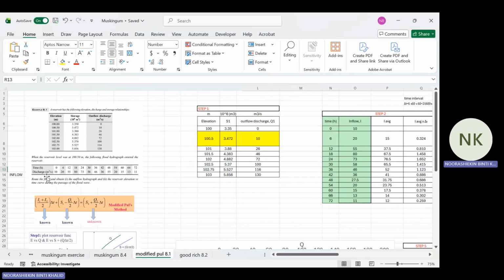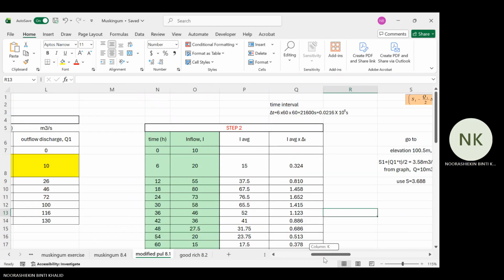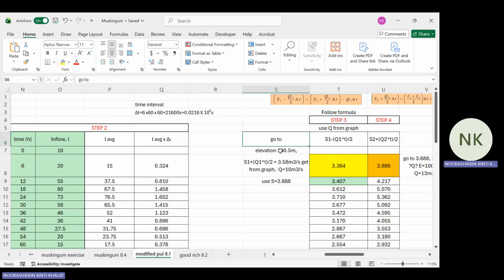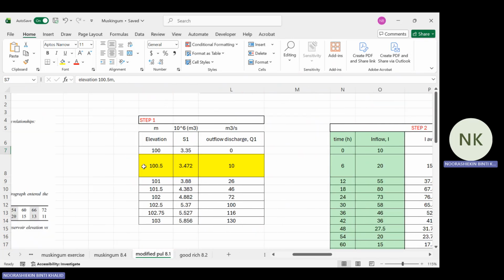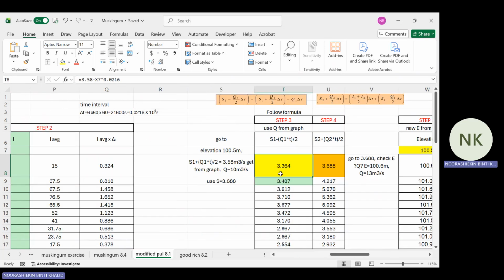Mentioned here, when the reservoir level was at 100.5, the following flood hydrograph entered the reservoir. So meaning that I go to elevation 100.5. So the value of S1 and Q is here, 3.47.